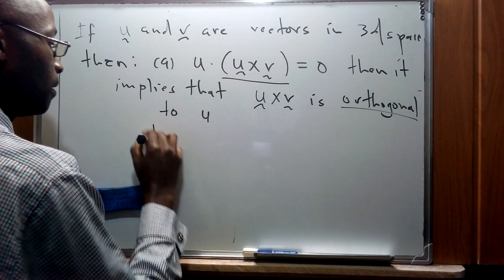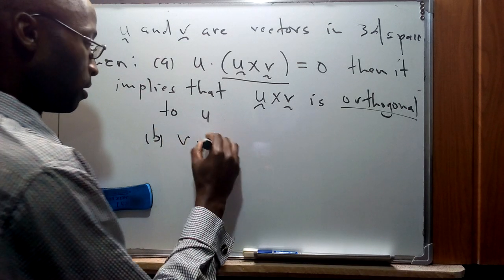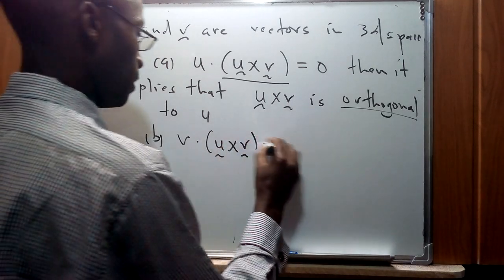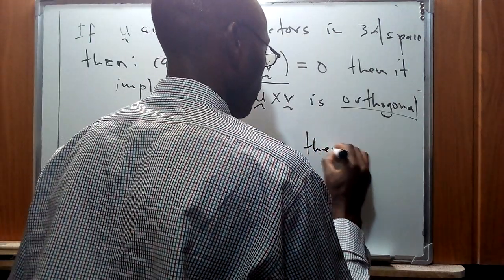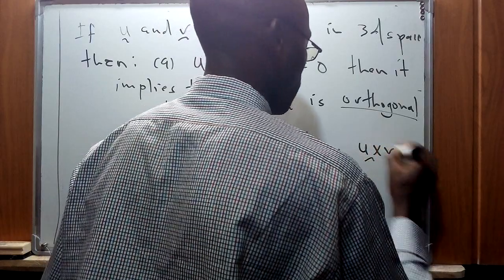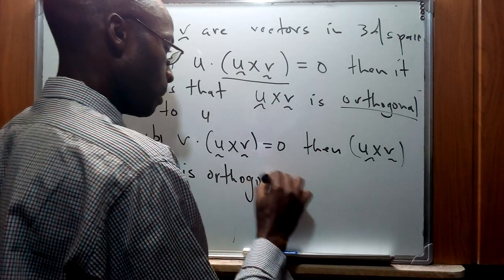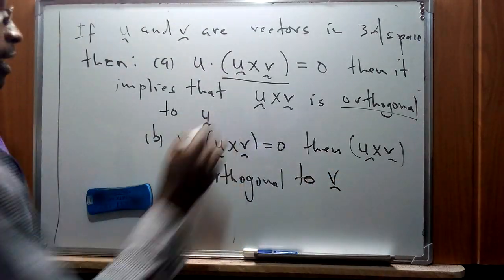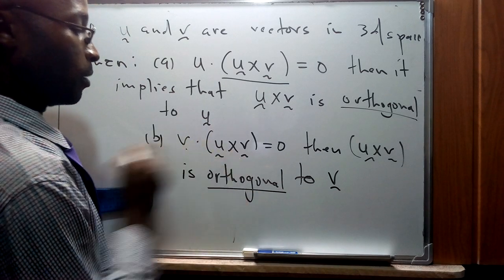And then B, we're also going to have a second statement from that. v dot u cross v, whenever it is equal to 0, then u cross v is orthogonal to vector v.